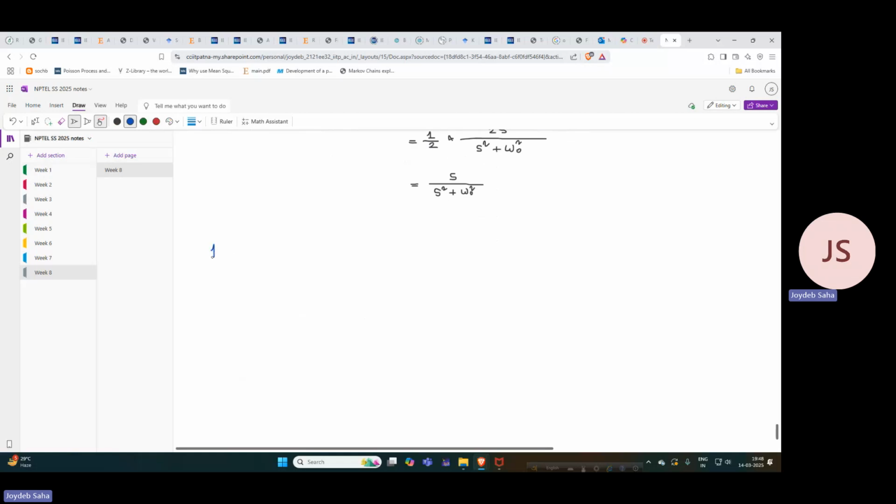Problem 16. Find the Laplace transform of sin omega 0 t u(t).